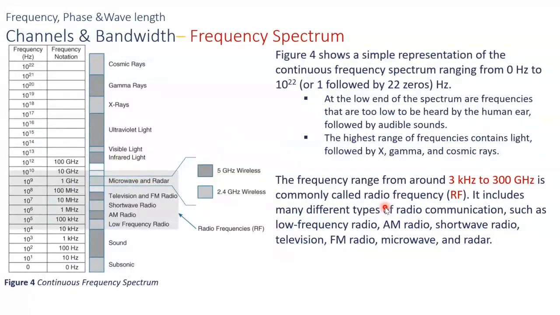This is an important slide which is about channels and bandwidth and the frequency spectrum. As you can see here, we have different frequencies from frequency 0 to frequency 10 power 22.